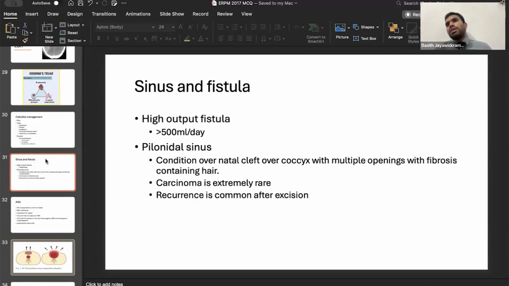So why does a pilonidal sinus occur? There are a lot of theories. For example, pilonidal sinuses are found in barbers and hairdressers, sometimes as an acquired pilonidal sinus in the web of the fingers. That is because of hair implantation.